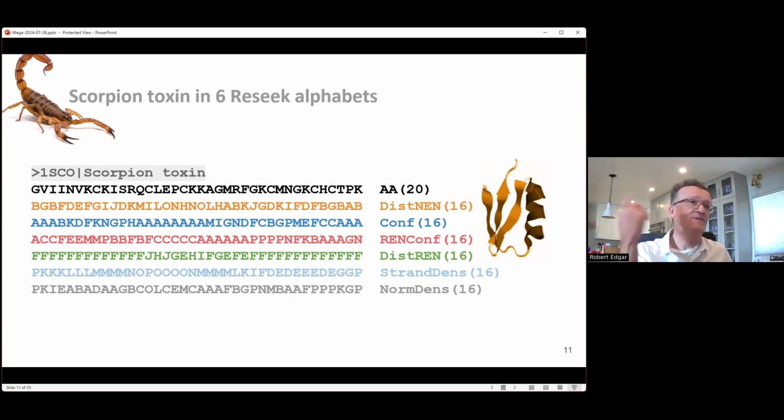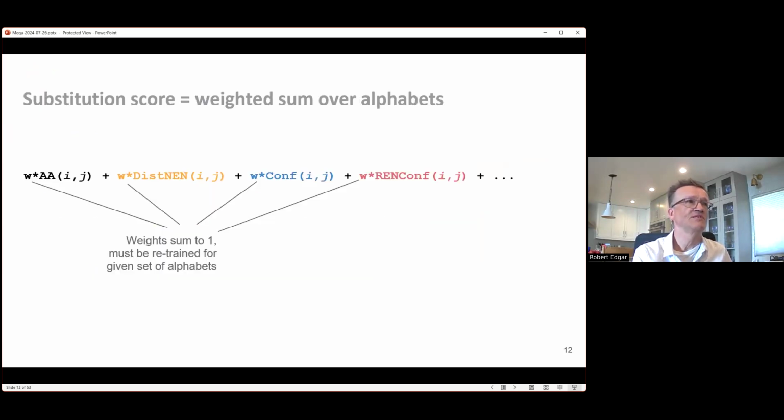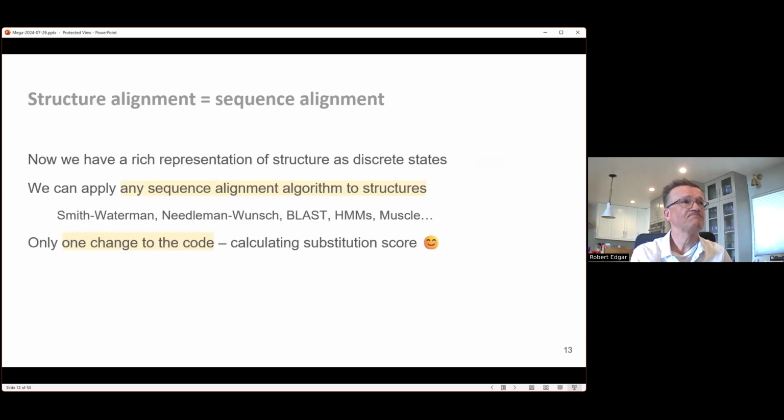So this is just to make it concrete. It's scorpion toxin, which is always a nice little structure to play with. And these are some example alphabets that come out of Reseek. So now the substitution score is a weighted sum over the substitution matrices for the alphabets that you've chosen to use in a particular context. And now by doing this, we have a rich representation of structure as discrete states.